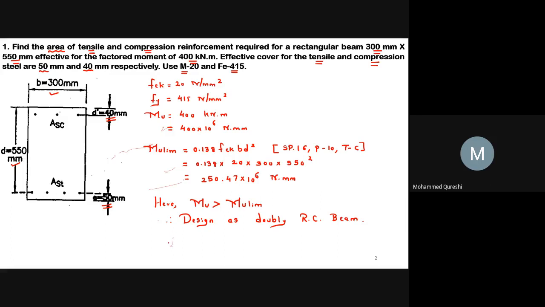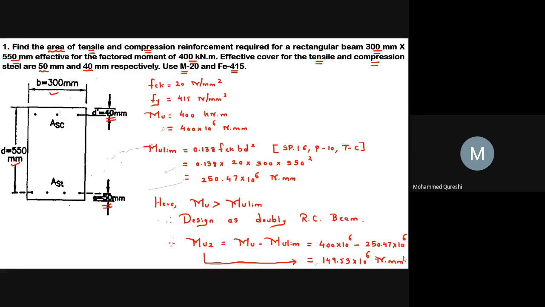And we know the equation for the auxiliary section: Mu2 equals Mu minus Mu limit. So the value of Mu is 400 into 10 raised to 6 and the value of Mu limit is 250.47 into 10 raised to 6, which equals 149.53 into 10 raised to 6 Newton into mm.